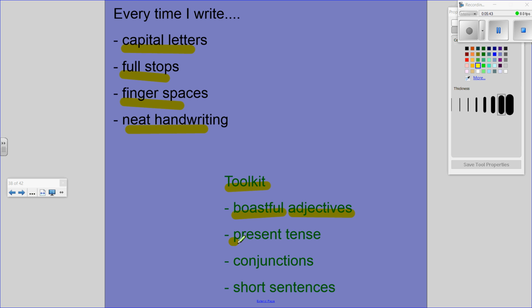Can you remember our learning on verbs and making it the present tense? Our conjunctions: and, but, so, or, when, because. And then lastly, we need short, snappy sentences. And that will persuade our reader to do what we'd like them to do. So that's our toolkit of what we need to include in our persuasive writing.